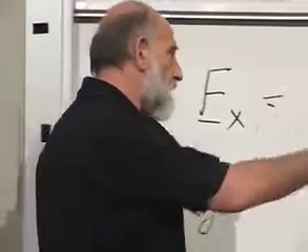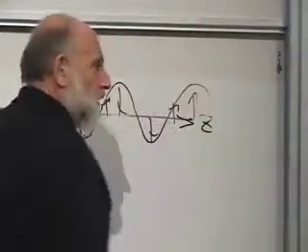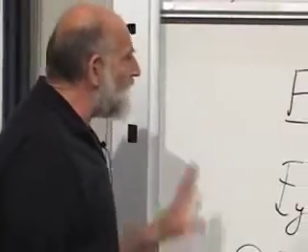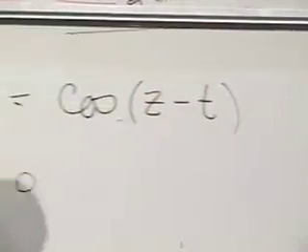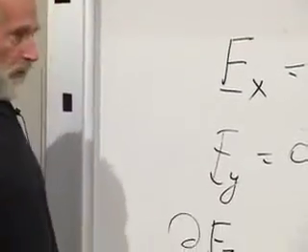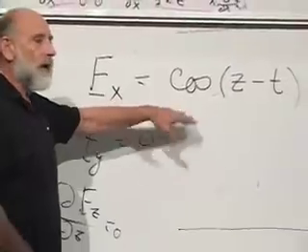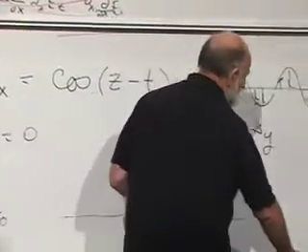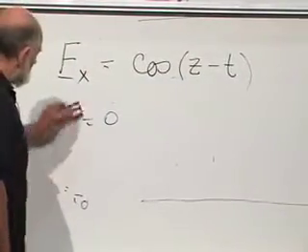We could get rid of it by putting it between capacitor plates and canceling the uniform electric field. The point is that the wave part of the field, the part that varies as you go down the z-axis, must not be there for the z component. So only the x component of the electric field is there. The y component and the z component are just not there. They're 0. What does that mean about the magnetic field?